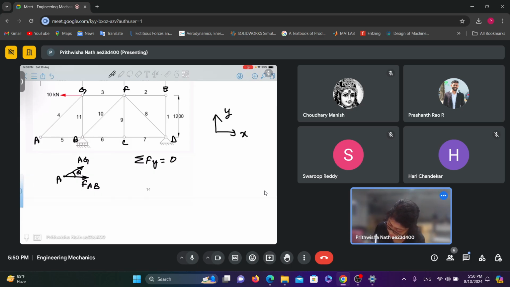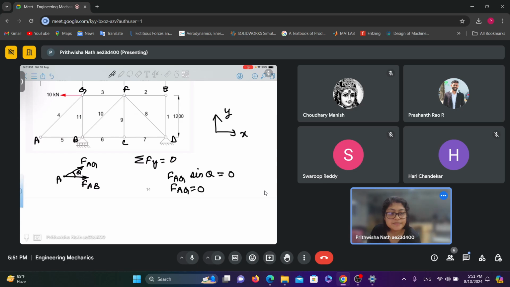So FAG sine theta will be 0, right? Since theta is not 0, FAG has to be 0.